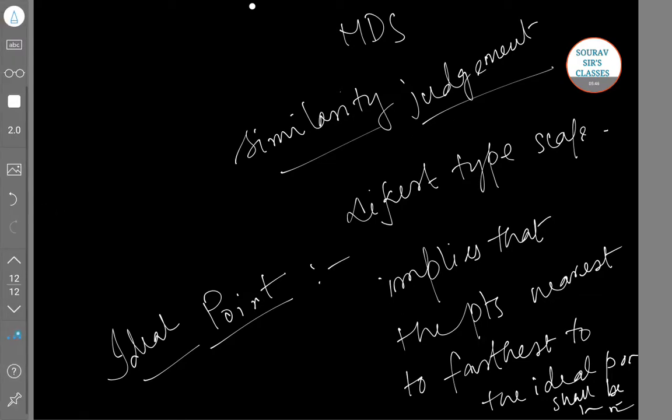Now, what is the multidimensional scaling technique?